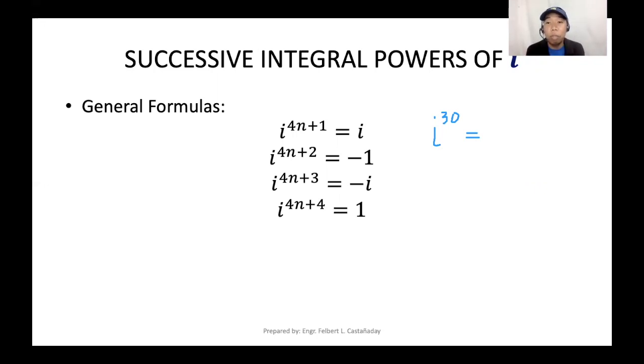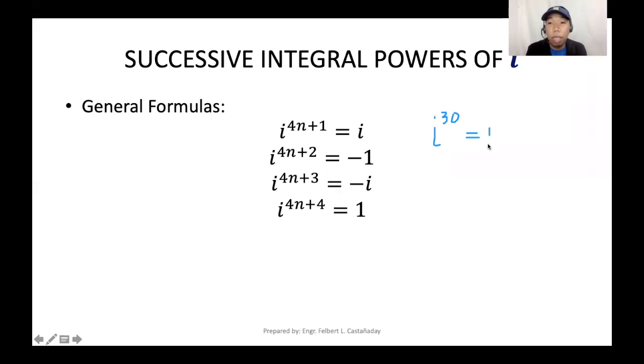But since 30 divided by 4 is basically 7.5, it's not a whole number. So what is the closest number to 30 that is divisible by 4? We know that the closest number divisible by 4 is 28. Check: 28 divided by 4 is equal to 7.